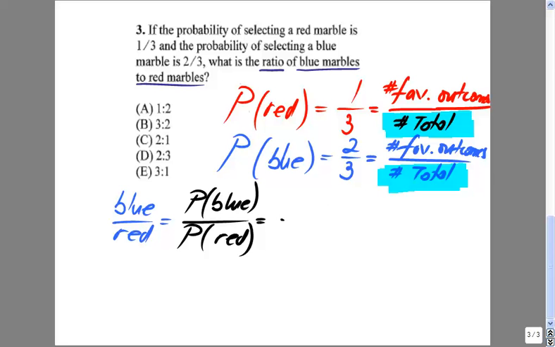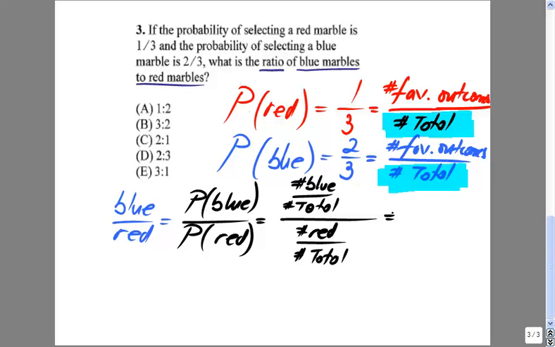Well, the probability of getting blue will be the number of blue marbles over the number of total marbles, right? Divided by the number of red marbles divided by the total number of red marbles. Well, when you divide, you skip, flip, multiply, which basically takes you to what?